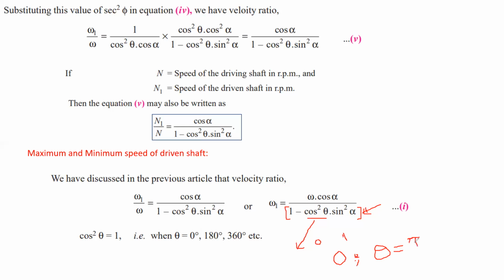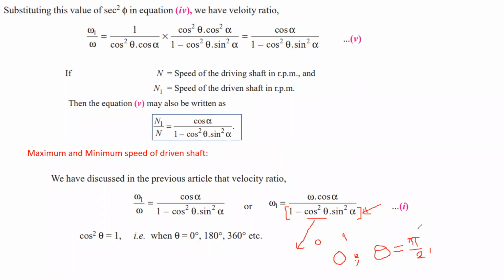Am I correct? cos 90 कितना होता है? Cos 90 is 0. Okay.